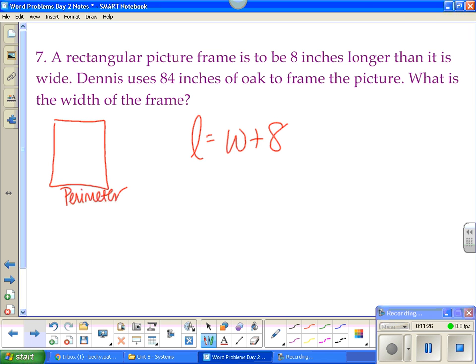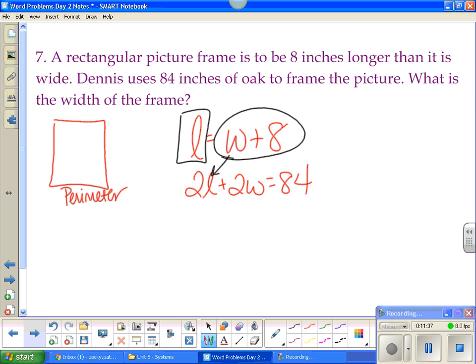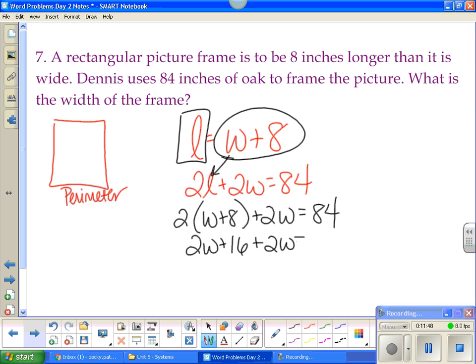He uses 84 inches to go all the way around. So the perimeter, and again, this is a nice substitution problem going in for L. So 4W.